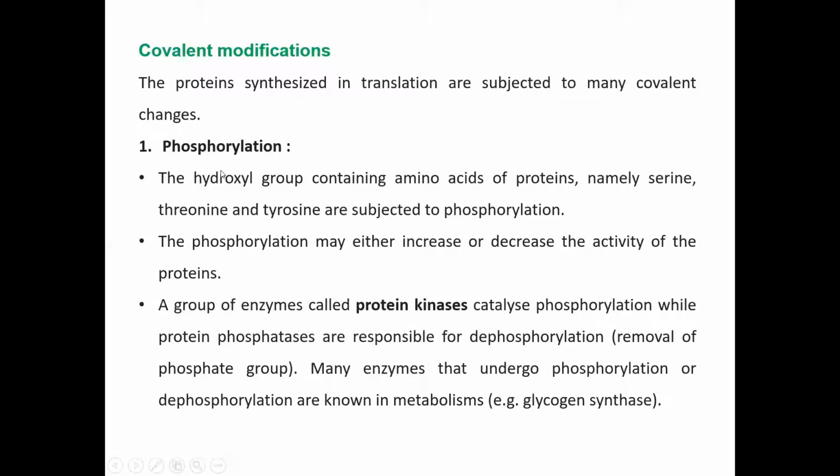This you must have encountered in various enzyme activities. The hydroxyl group containing amino acids of proteins like serine, threonine, and tyrosine are subjected to phosphorylation. Now the phosphorylation may increase or decrease the activity of the protein.